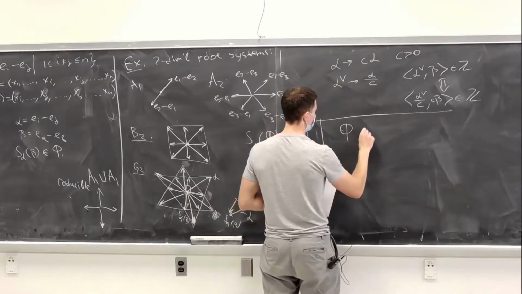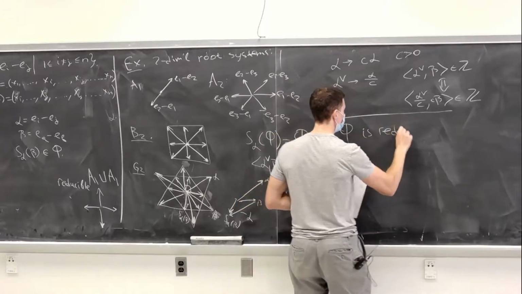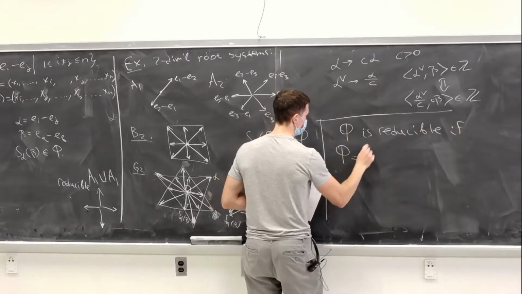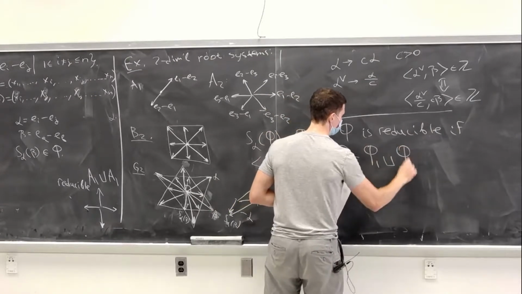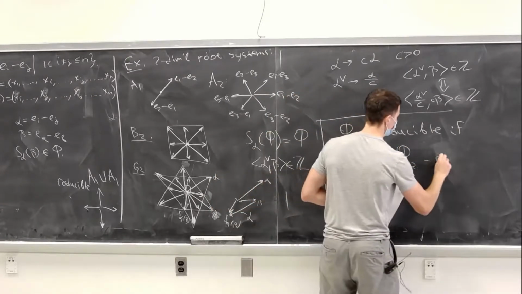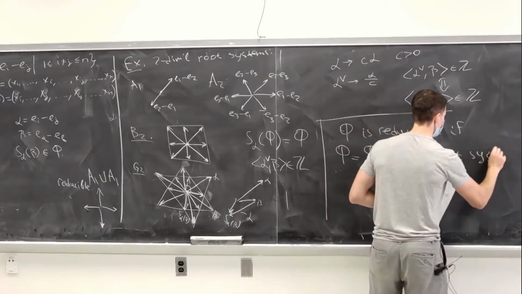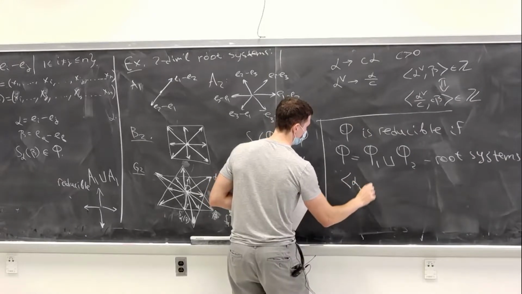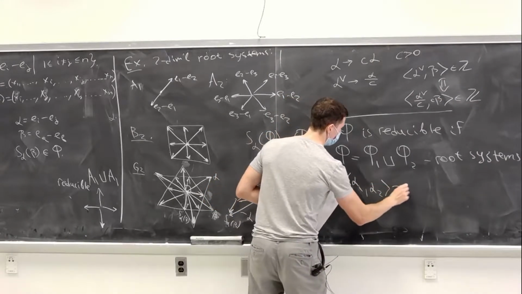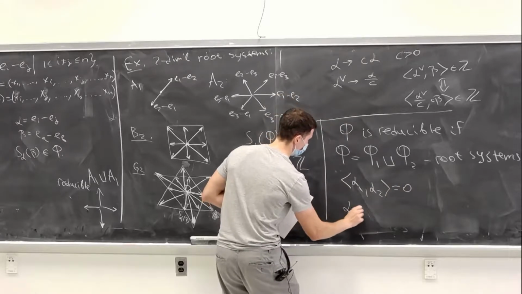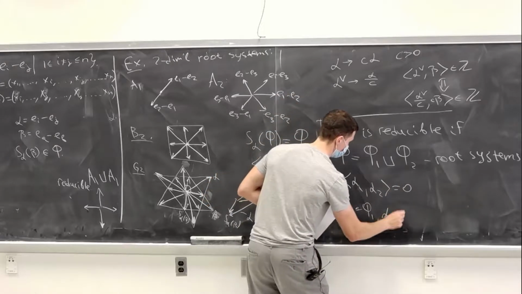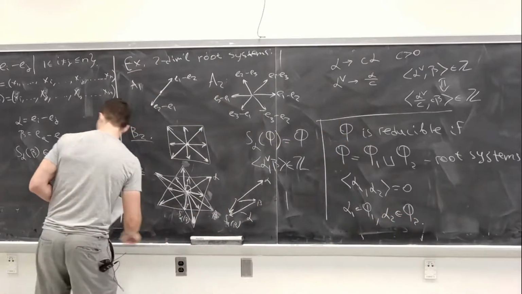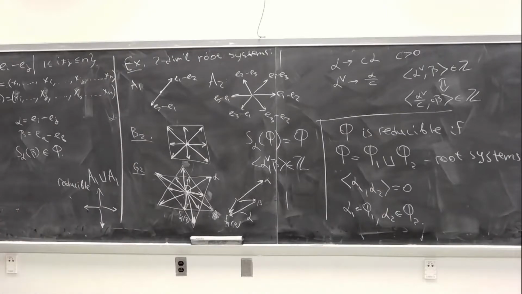I'm going to call a root system reducible if it can be decomposed into a disjoint union of 2 root systems, Phi 1 and Phi 2, such that any 2 vectors alpha 1 in Phi 1 and alpha 2 in Phi 2 are orthogonal. Right?